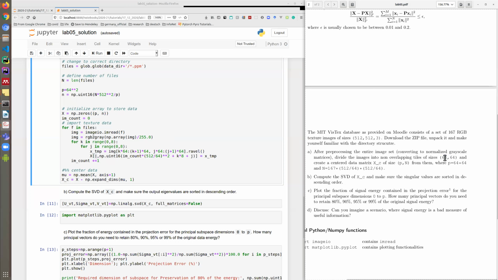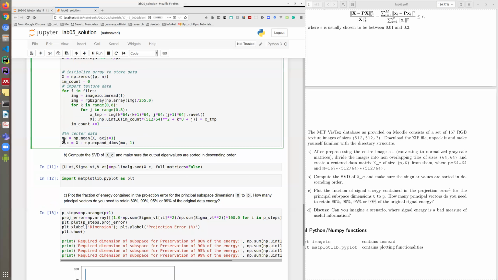So we are making more images out of 167 images, so to say. And after that, we calculate the mean, and we make the data centered by subtracting the mean from that. And then again, just like we did before, we calculate SVD from these images.